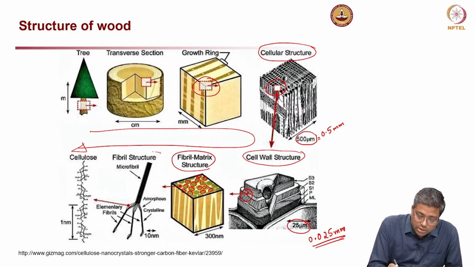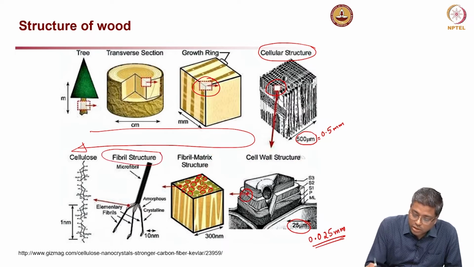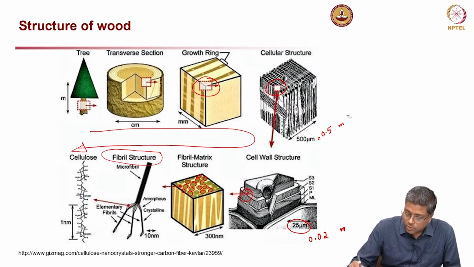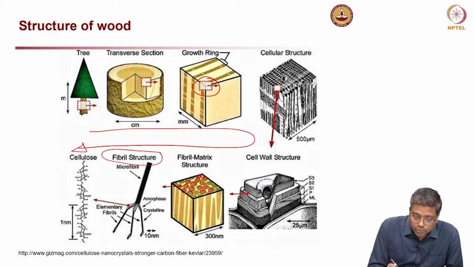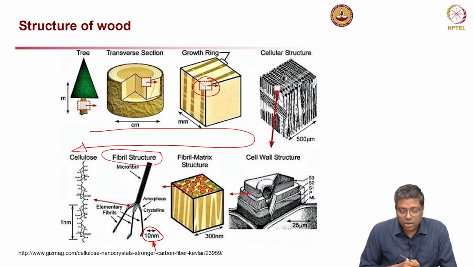Now, next image on the left side, looking at the fibril structure, you can see microfibrils and amorphous structure, crystalline structure depending on what type of tree it is, and it is also very small. Sorry, this is nanometer, very small. So, 10 nanometer scale you are talking about there.